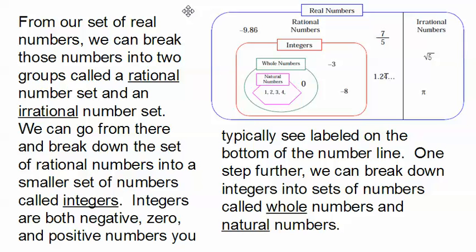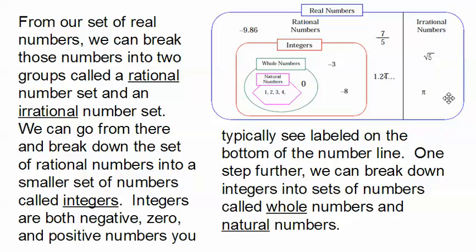Integers are negative numbers, 0, and positive numbers that you typically see labeled on the bottom of a number line, like the previous slide represented. One step further, we can break down integers into sets of numbers called whole numbers and natural numbers. You can see this represented in this chart here.